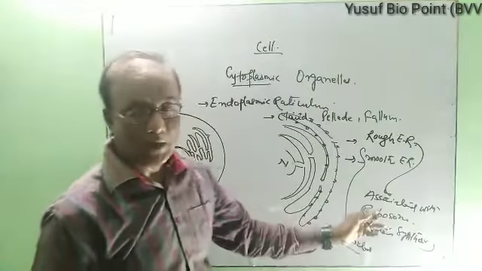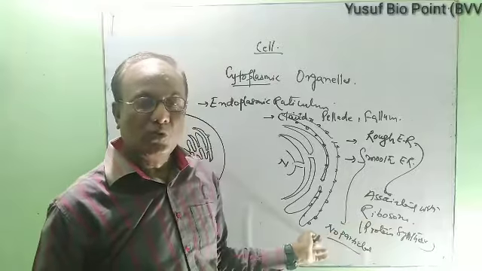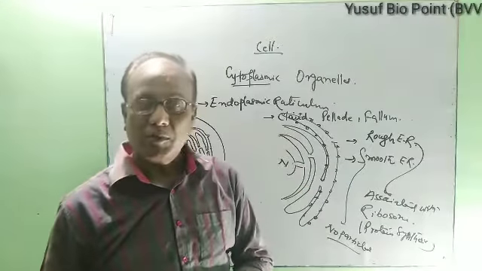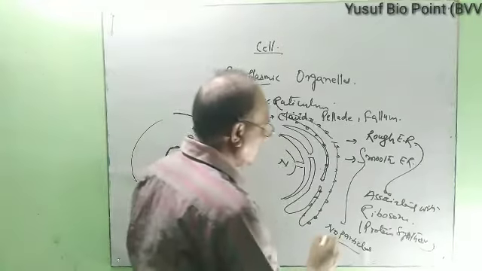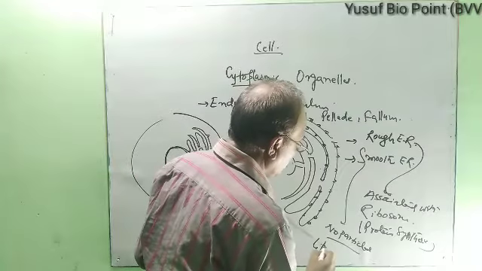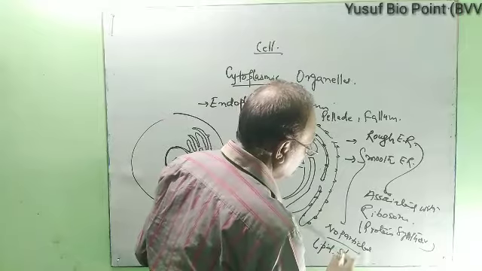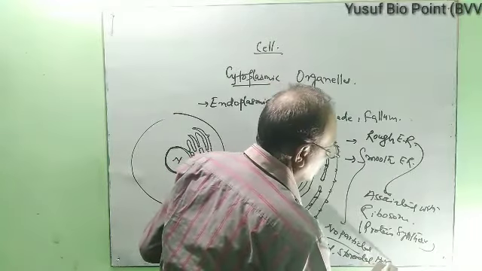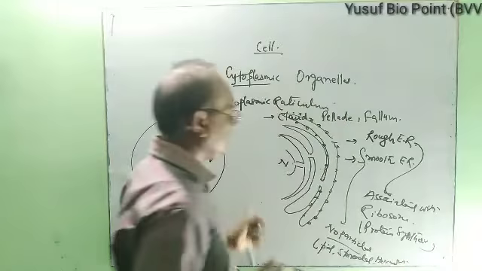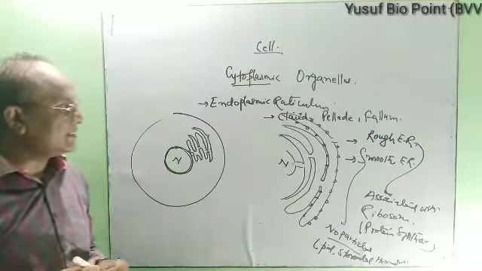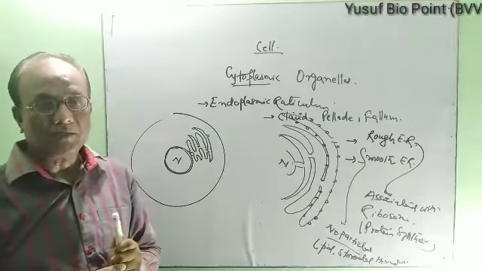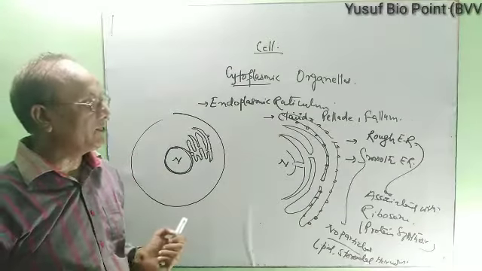The smooth endoplasmic reticulum has no particles, no ribosomes, so that is why it is called smooth endoplasmic reticulum, and it is helpful in the formation of lipids, steroidal hormones, etc. So we see that it is a net-like structure found in the cytoplasm, and it is of two types.